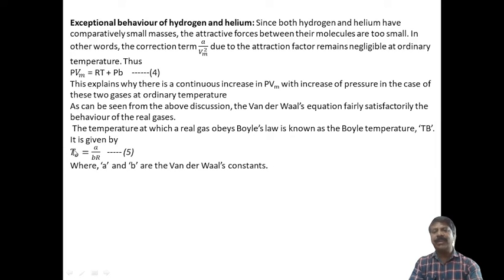It can be given by T_B equals a divided by bR, where a and b are the van der Waals constants, R is the gas constant, and T_B is the Boyle's temperature. This explains the deviation of real gases from ideal behavior.